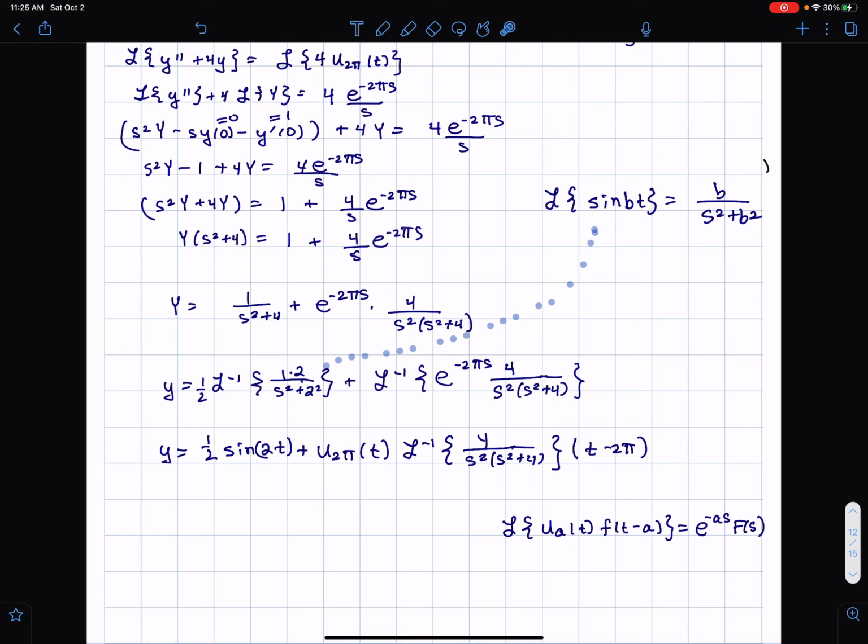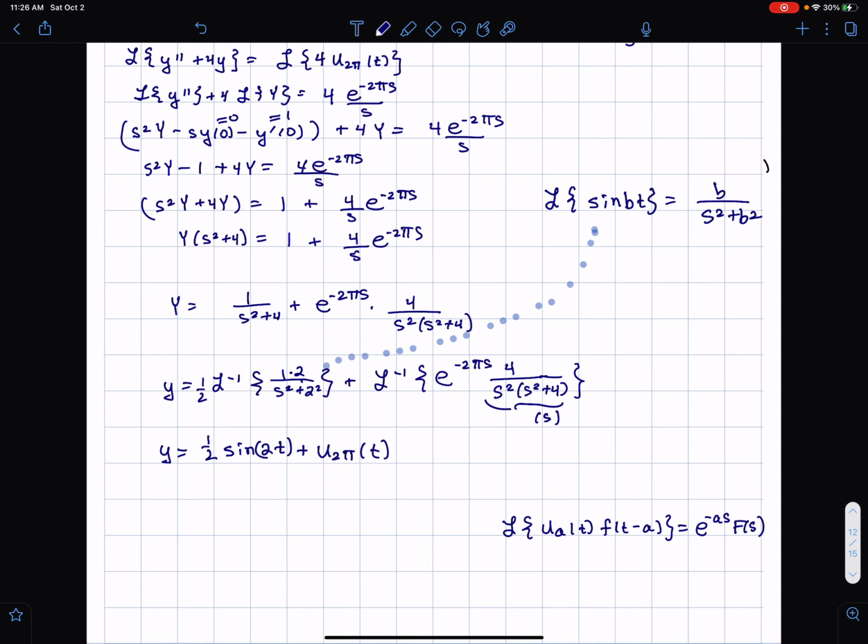Another way I could write this is to call this G(s). Or even f, whatever, but I'll stick with g.